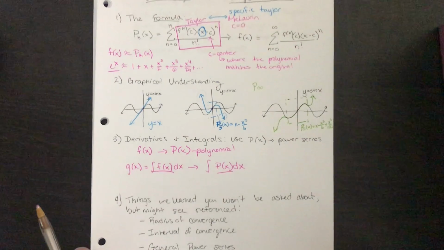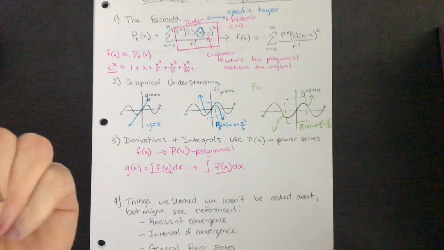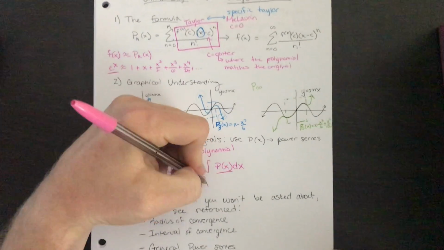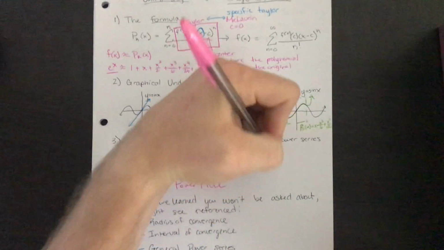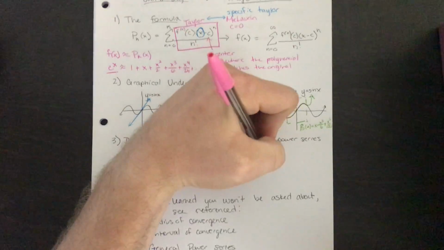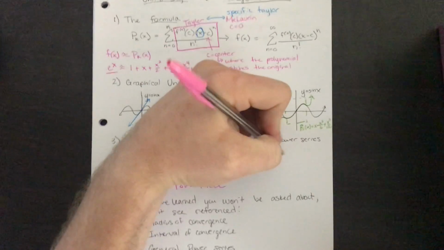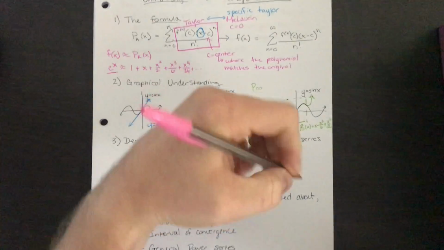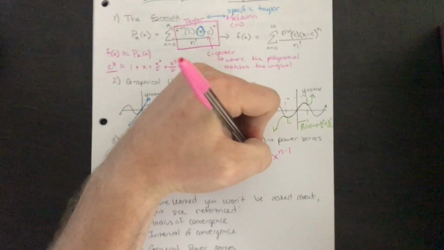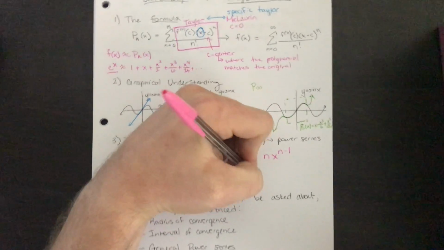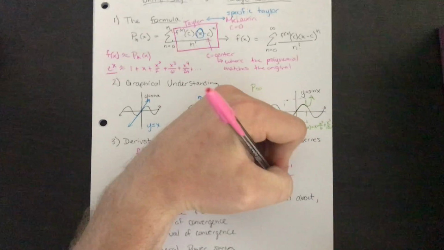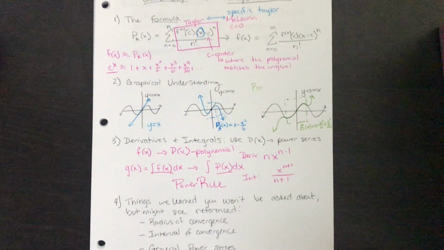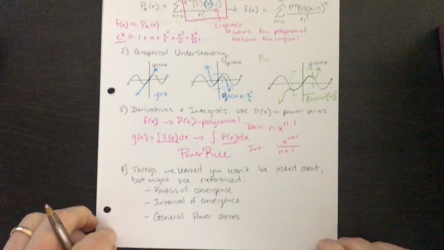So integrals and derivatives don't actually have to be that hard, especially because it's just a power rule. So when you do the power rule, it's just either n x to the n minus 1 for the derivative. Integral, it's just x to the n plus 1 divided by n plus 1. So power rule, pretty straightforward there.